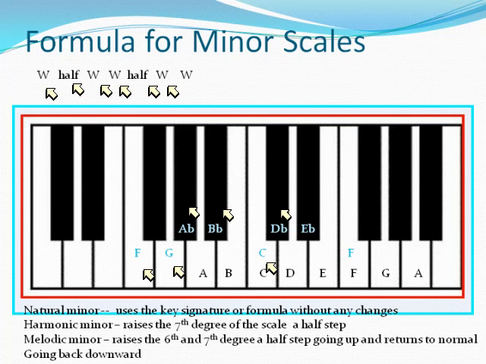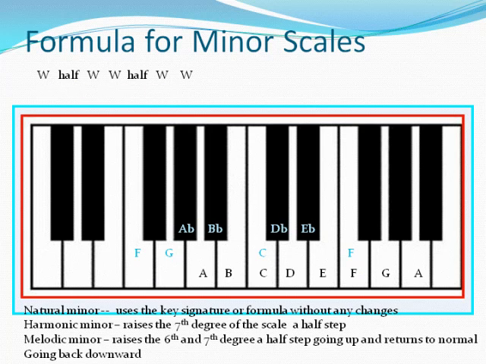Then I need a whole step, which goes to E flat, and then another whole step which goes to F. Whole, half, whole, whole, half, whole, whole. Those notes for that F natural minor scale are F, G, A flat, B flat, C, D flat, and E flat.